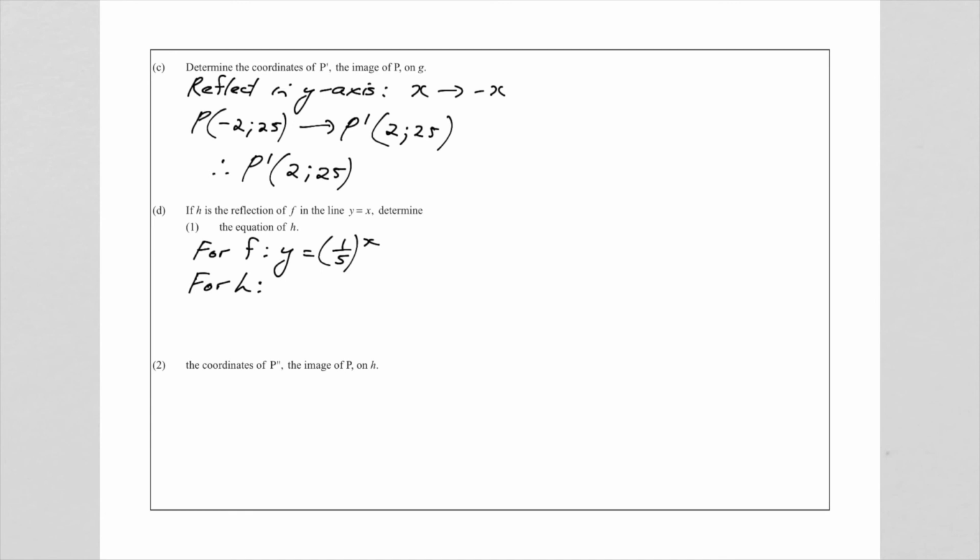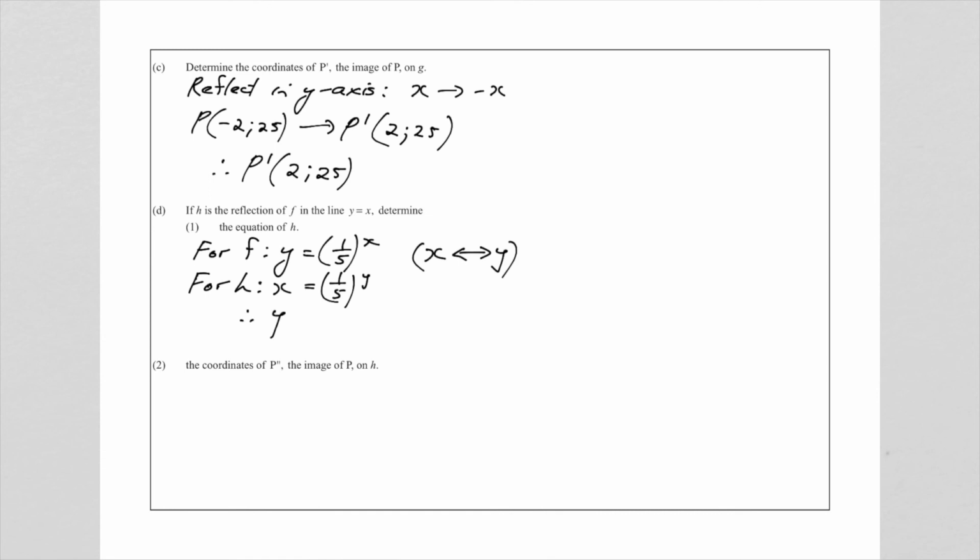Now to find h, we're going to interchange. So that means x will become y and y will become x. And that is why I've put the double arrow, because we're going to swap. So x will be equal to 1 over 5 to the y. And now we use that log definition again.